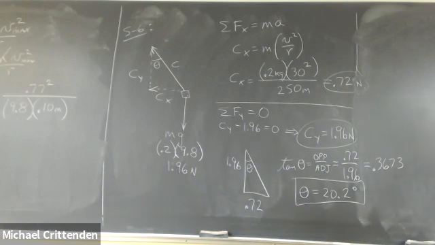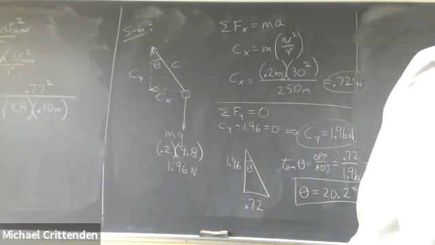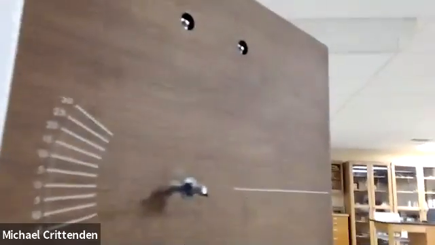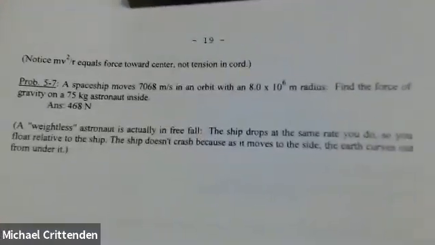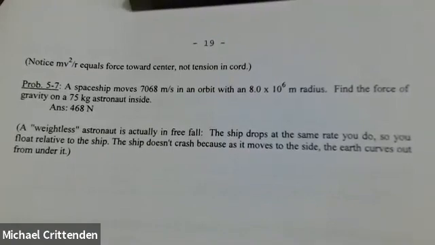Top of the next page, it makes a good point. Some question asks, what's the tension in the string? And you shouldn't just assume that that'll equal mv squared over r. The force toward the center of the circle has to equal mv squared over r. In this one that I just did, I should put the camera back there for a moment.